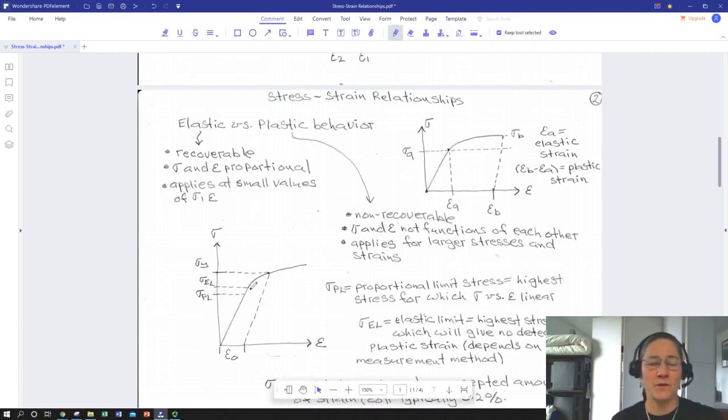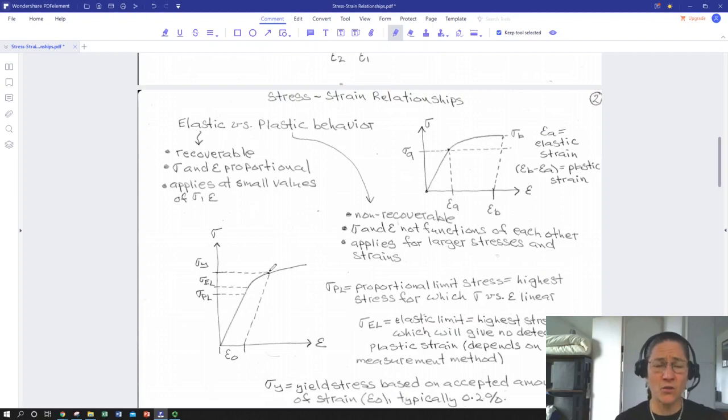You notice that we don't have a straight break, like there's not a little square edge showing that, oh, we've now started to yield. It's kind of a gentle curve that heals over, and in some materials it's really hard to tell when we've gone from this proportional stress-strain elastic regime to a non-proportional area where we know we've had some yielding.